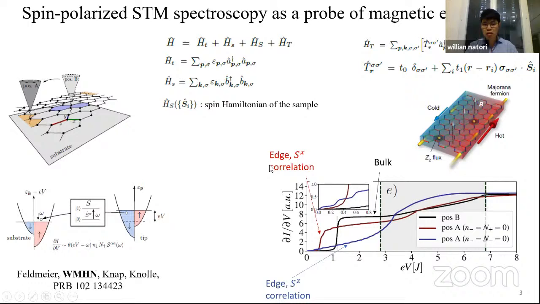And we can, in principle, find these different correlations on the borders of the material just by changing the relative spin polarization between the tip and the metallic substrate upon which we are placing the magnet.